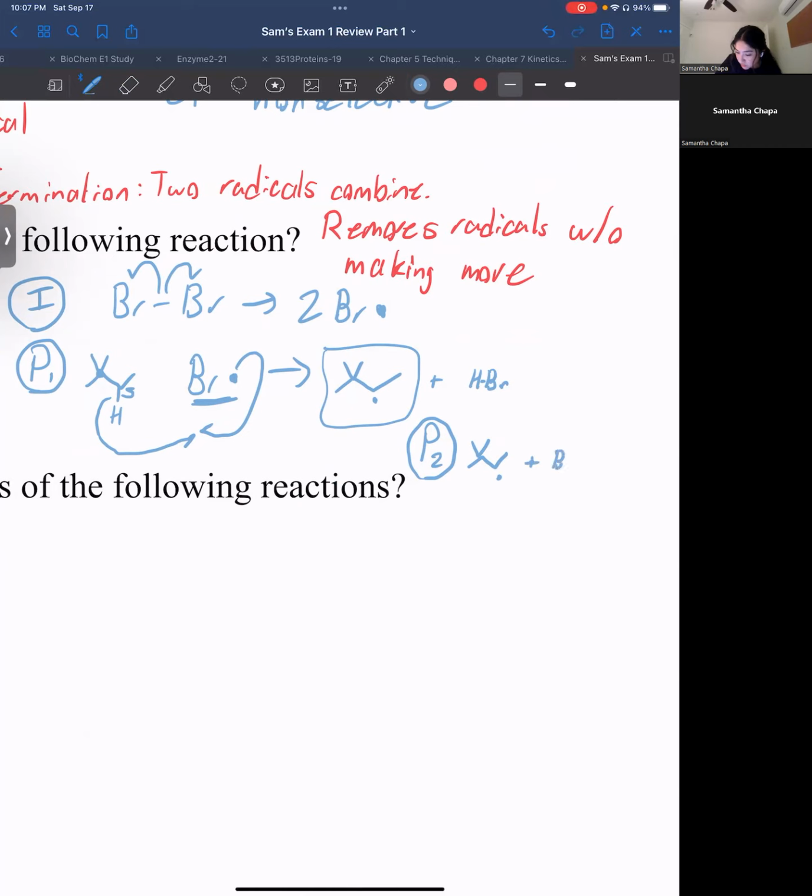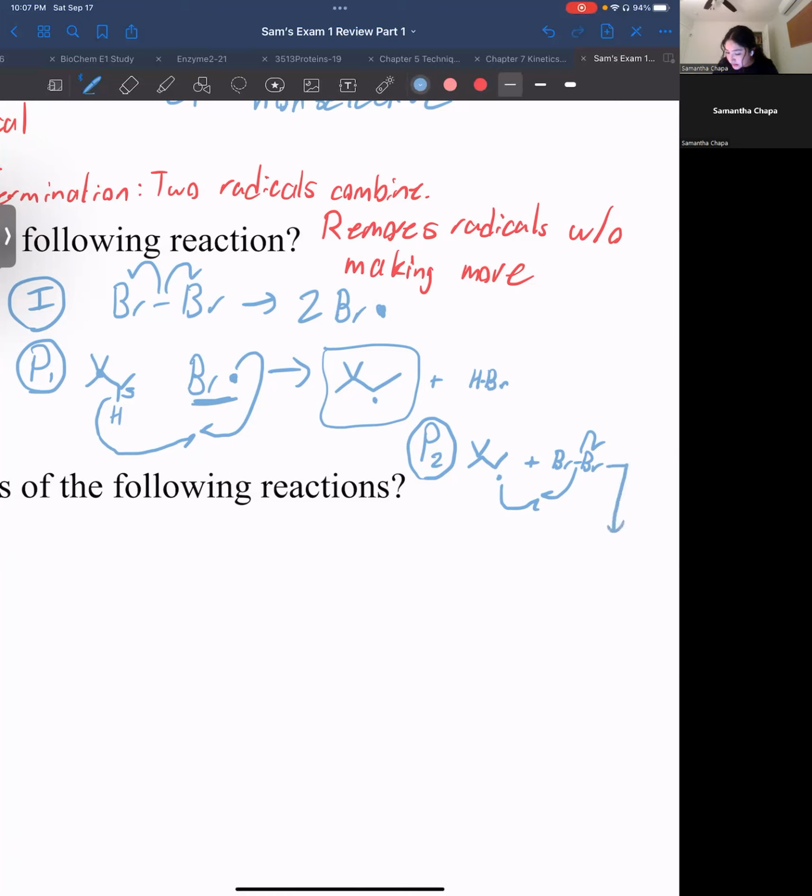And I'm just going to do Br2. There's a lot of things that you can do. Like, okay, I always give this example, so I'll give it after so that we can look at all the things that are happening in this reaction. So I'm going to break a bond, form a new radical.